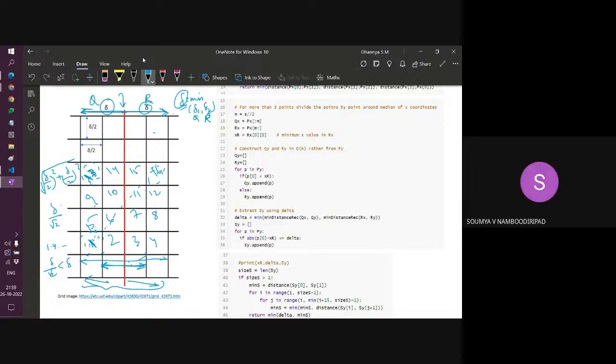Should we consider both directions, like if something is there below, 1, 2 rows? If 9 is the point. That's why we have actually sorted the points from P by. We are starting from the smallest point on the y coordinate, so that we only have to look at the ones which are above.